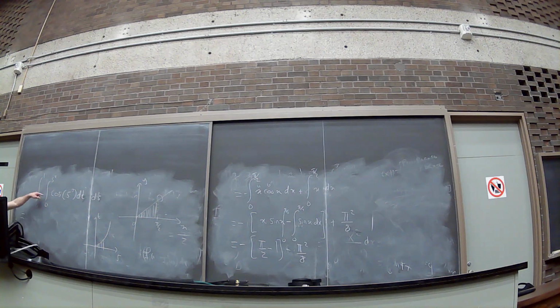So how do I integrate this? Cos s cubed is constant with respect to t. Integrate t from 0 to s squared, what do you get? You get s squared, right? So s squared cos s cubed ds. How do you integrate this? This is sine s cubed over 3, right? Sine s cubed over 3, and at 1, sine 1 over 3, right?